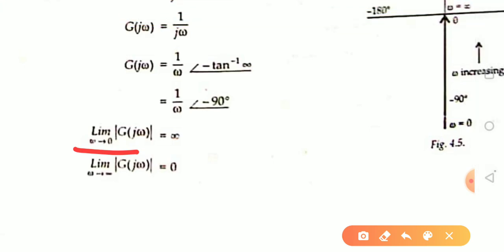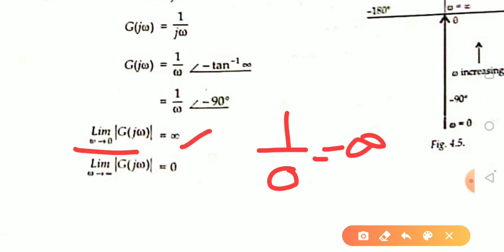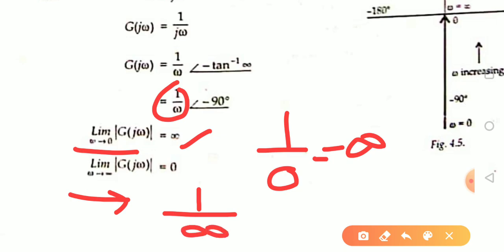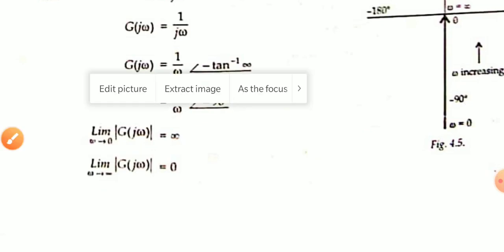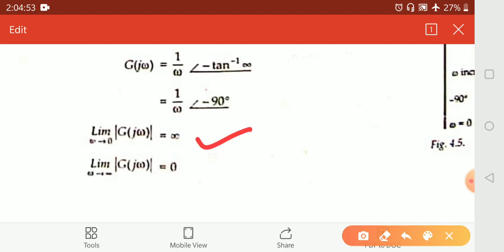We put 0 in the place of omega, so 1 over 0 equals infinity, and the magnitude is infinity. When omega tends to infinity, the magnitude is 1 over omega, so 1 over infinity, which is 0. So at omega equal to 0 the magnitude is infinity, and at omega tends to infinity the magnitude is 0.